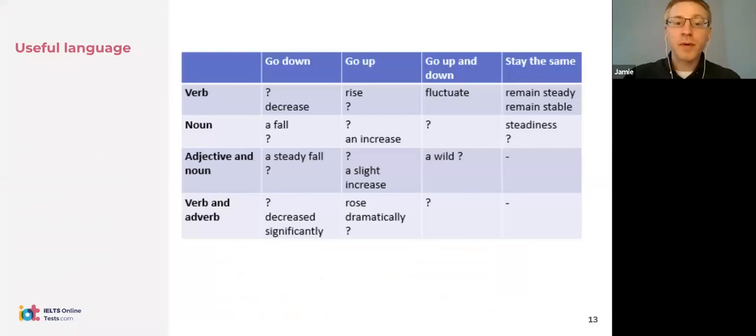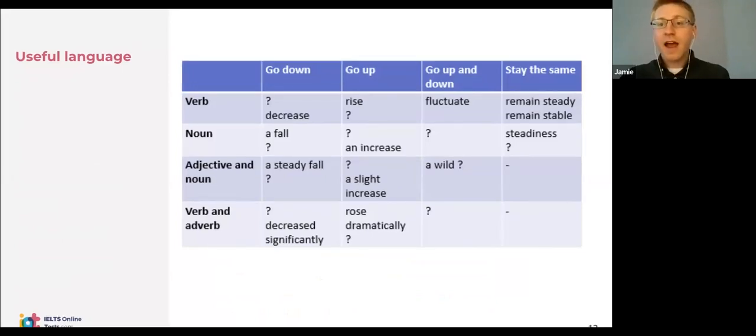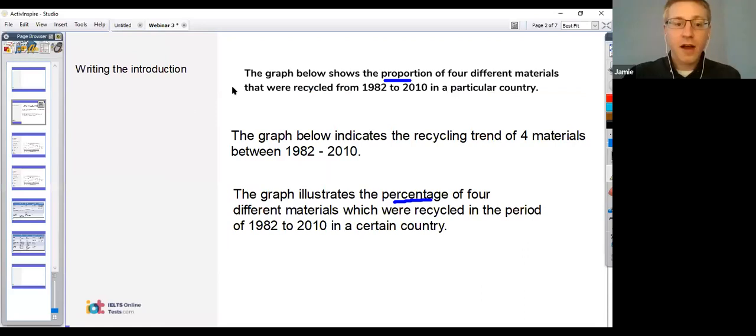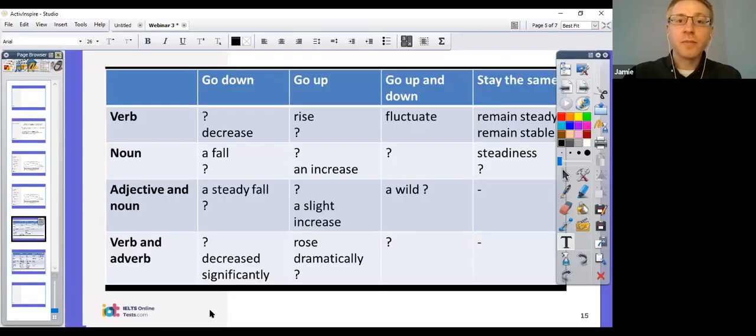I'm going to share this with you so that we can go through it together. And I'd like you to think about other ways to say these, to express these ideas. So instead of saying go down, to go down, what's another verb that means go down?